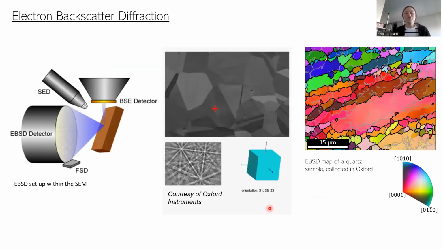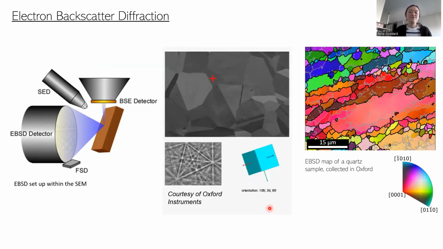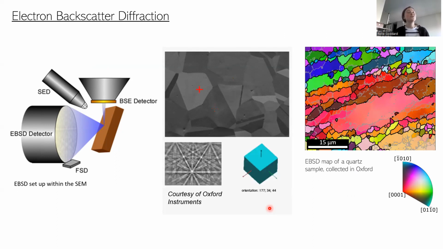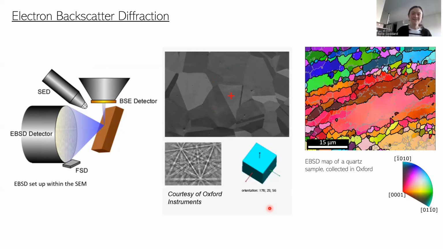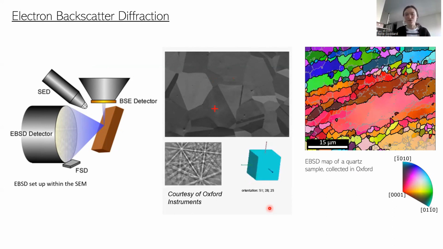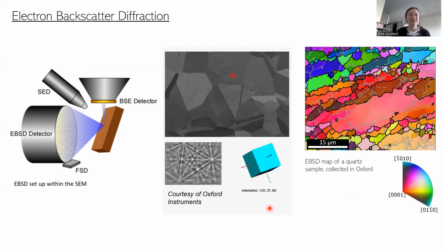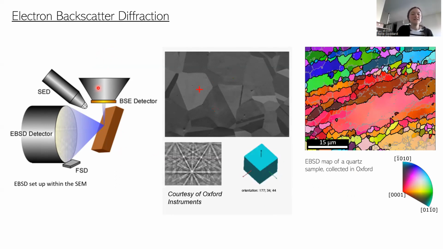And so I told you that the method that you use to measure the subgrain size affects its size. So whether you're using TEM or optical microscopy, by far the most prolific way of measuring grain size and subgrain size now is to use electron backscatter diffraction. You can see this schematic here.